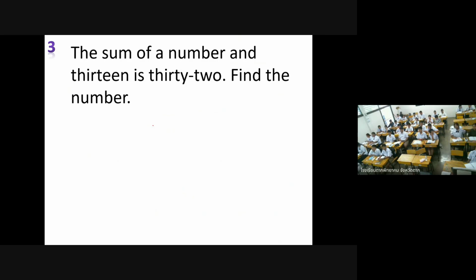The sum of a number and 13 is 32. Find the number.